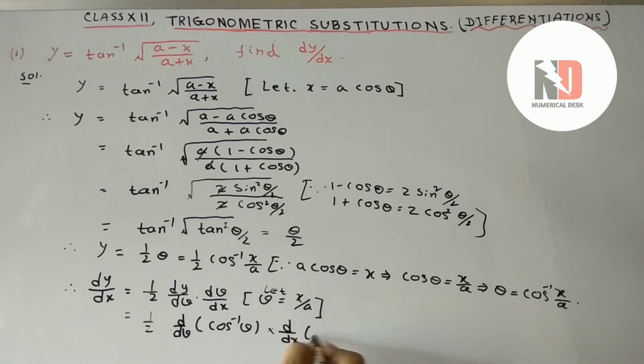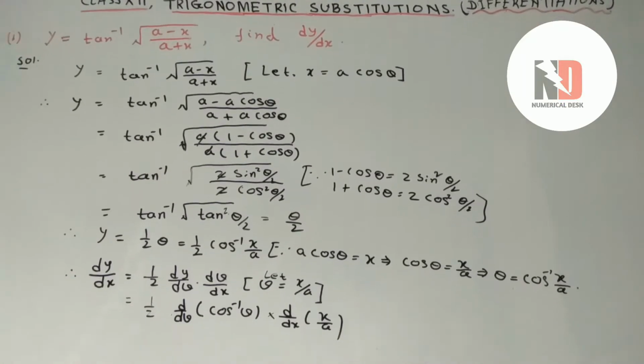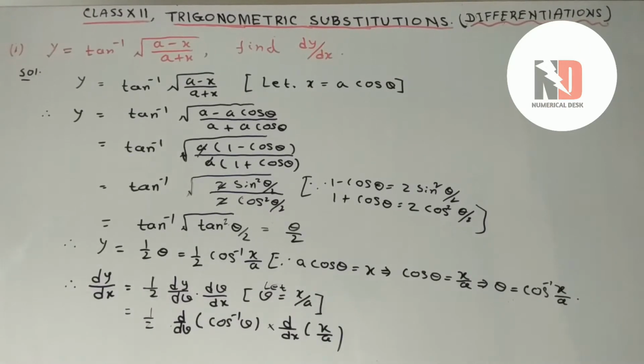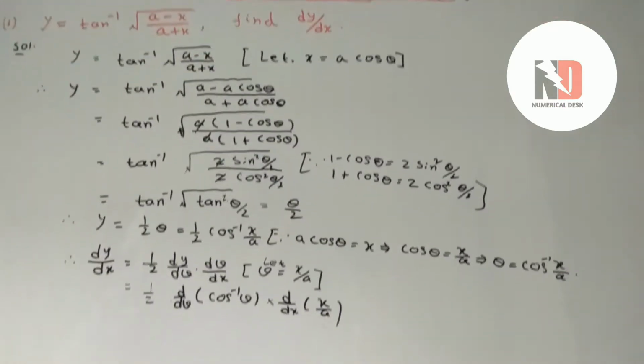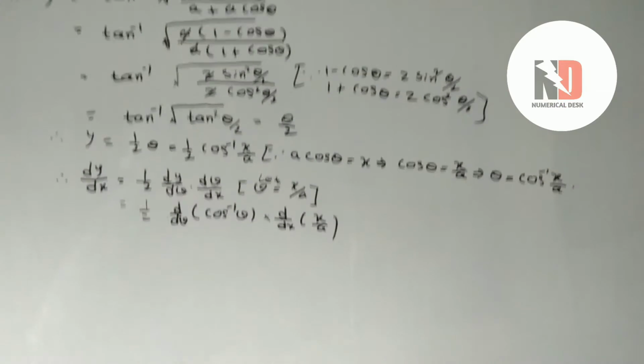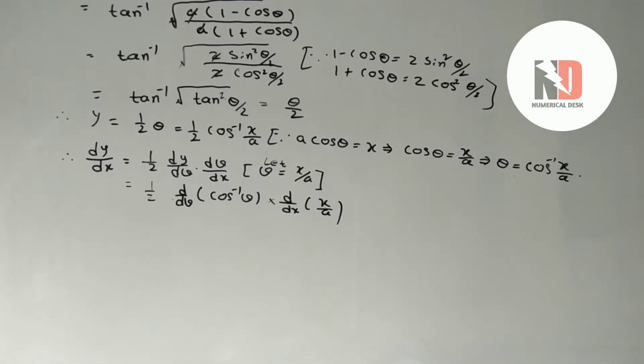Now next is d by dx. It is easy as we do in other sums also. Now let's proceed to the next step. The assumption is very important in this type of sum; then we can do the sum very easily.